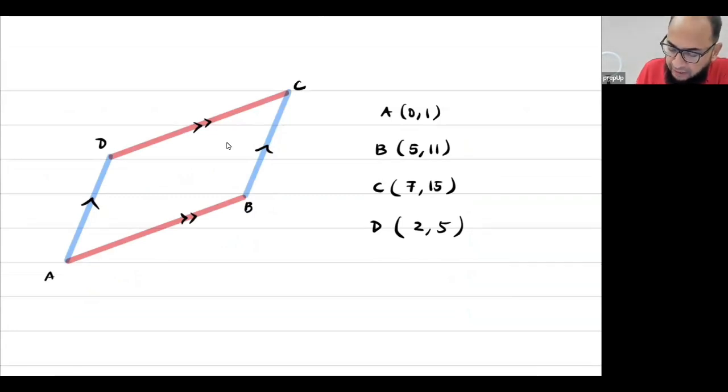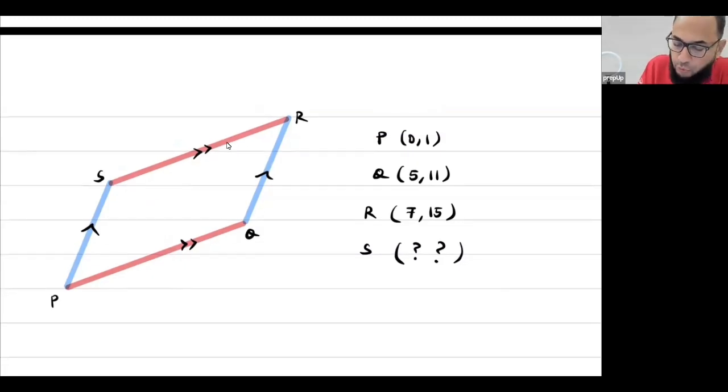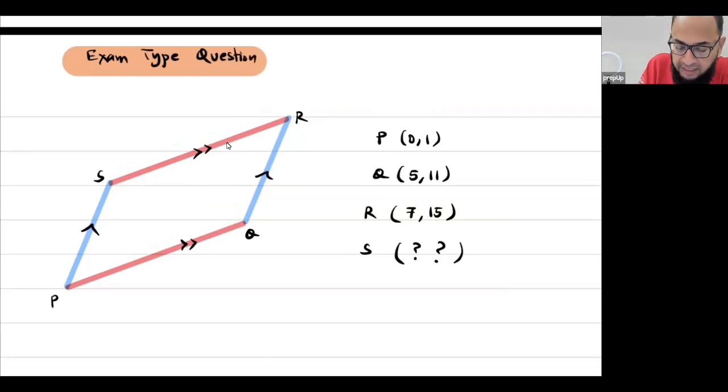Instead of A, B, C, D, let me write P, Q, R and S. Let me make this unknown, a question mark, and let me make it into an exam type question, ETQ.